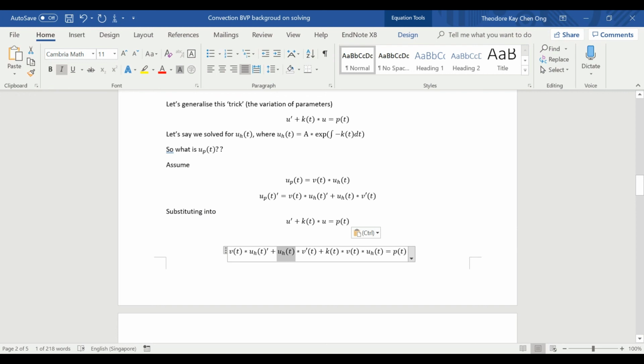Okay, so we already have u_h(t), and all we need to find out is what this v(t) is. It may look messy now, but let's just try and collect these v(t) terms out.